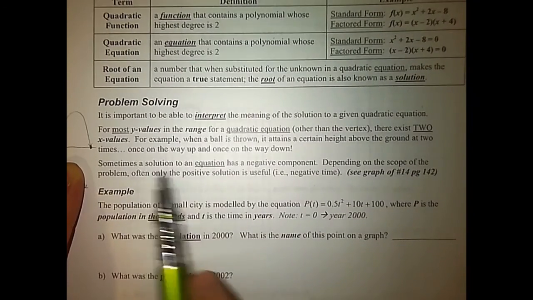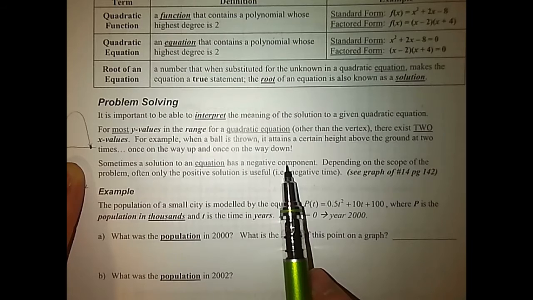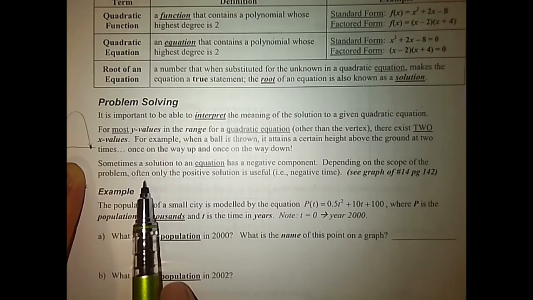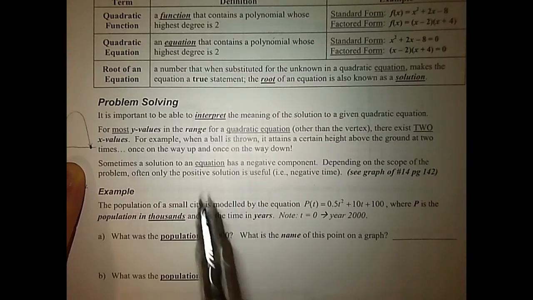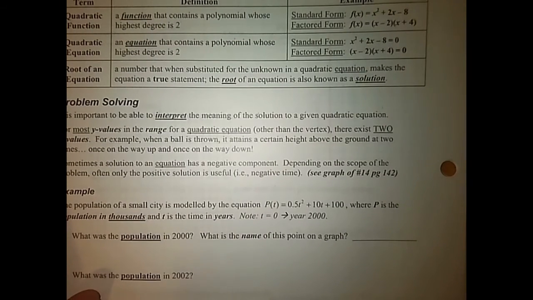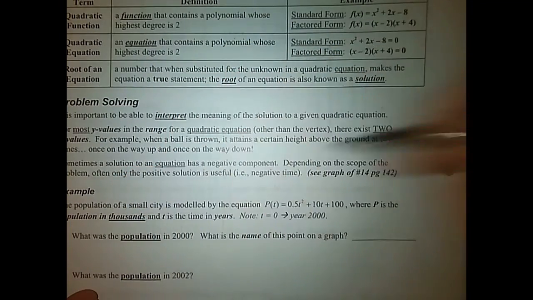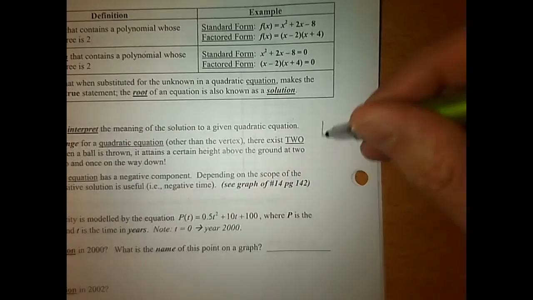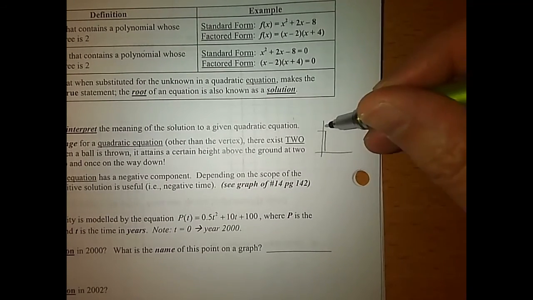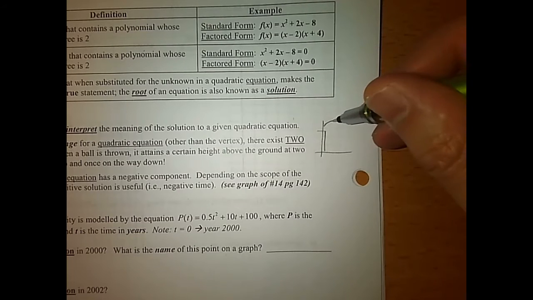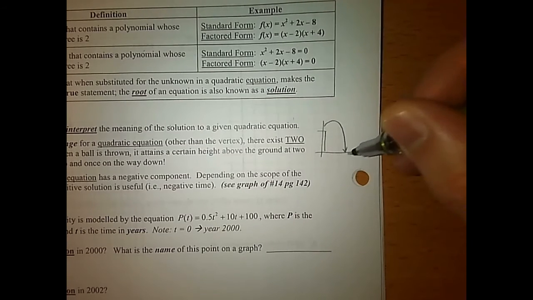Sometimes a solution to an equation has a negative component, but depending on the scope of the problem, sometimes only a positive solution is useful. So, for example, the question that we get a lot, like in the last chapter, is if the person is on the roof of a building and then they throw a ball off of the building, well, how long before the ball reaches the ground?